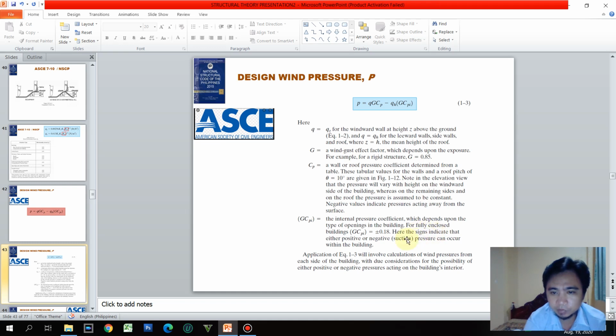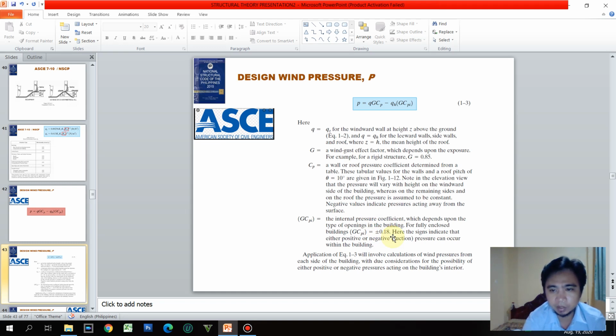If your building is fully enclosed, then GCpi is plus or minus 0.18. So why is it plus or minus? It's simply because a plus is towards the surface, or a pressure on the building, but the internal pressure effect also has a suction, or away from the surface.